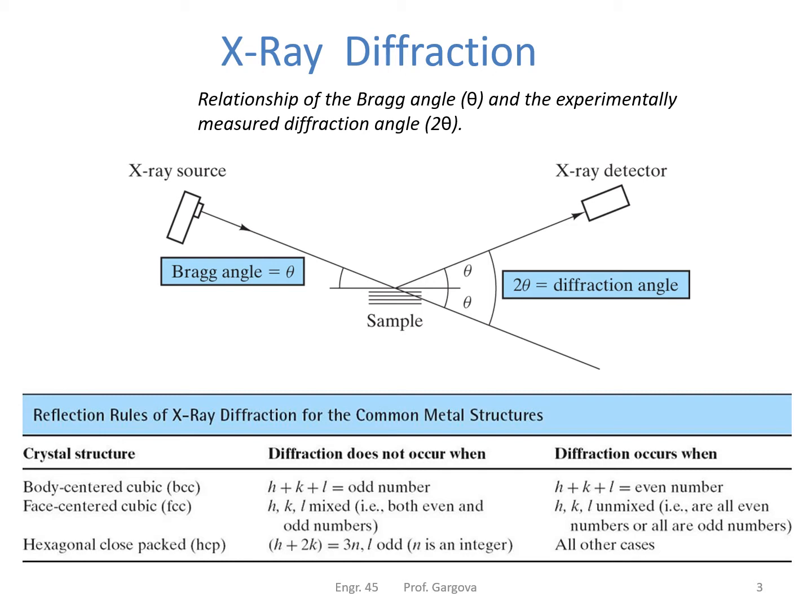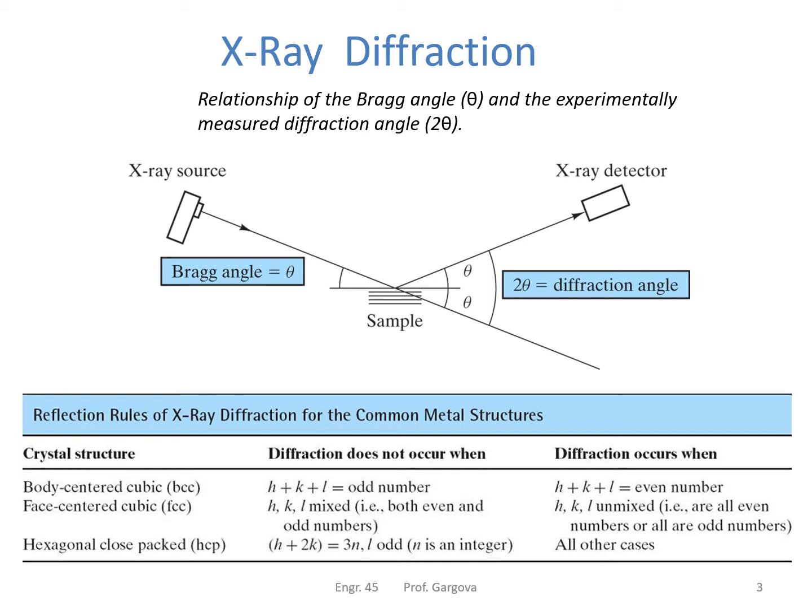And for FCC, if there are both odd and even HKL numbers, for a plane like a 3-2-1 plane, then there wouldn't be diffraction.